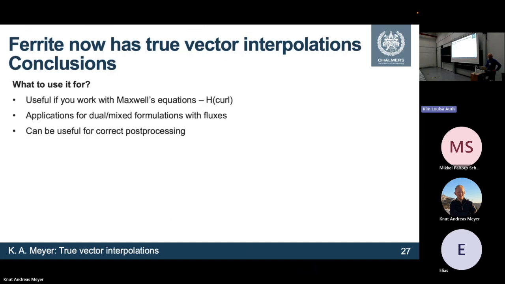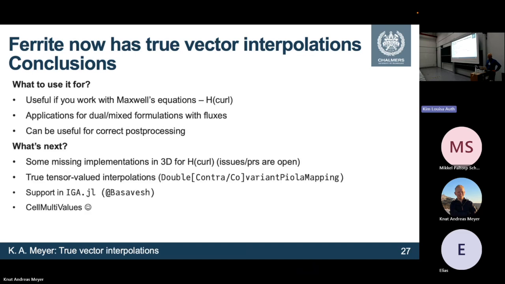So, summing up, what to use it for? If you use Maxwell equations, it can be interesting. I think Misha did some attempts, but there are other ways, so he didn't use it. In some cases for fluxes, it will be nice for post-processing. But what's next? Well, I mentioned there's something missing for 3D for curl elements. We have tensor valued problems.